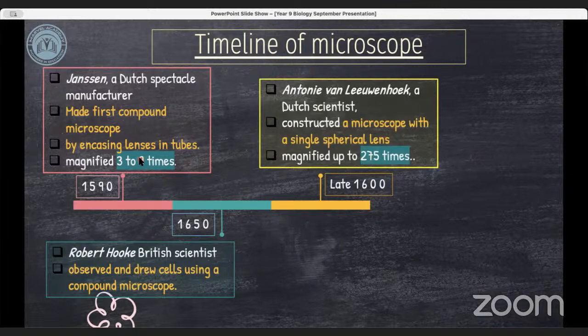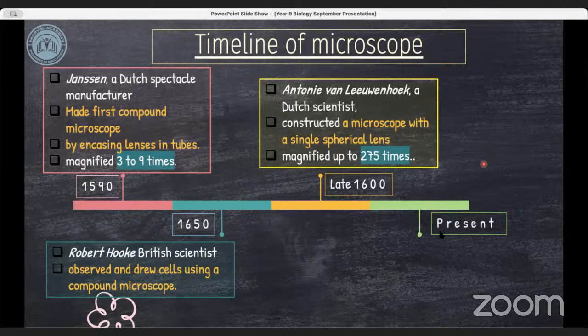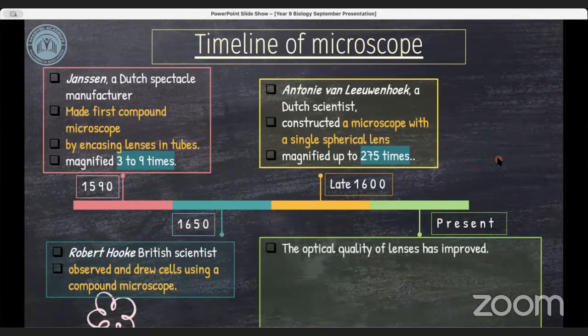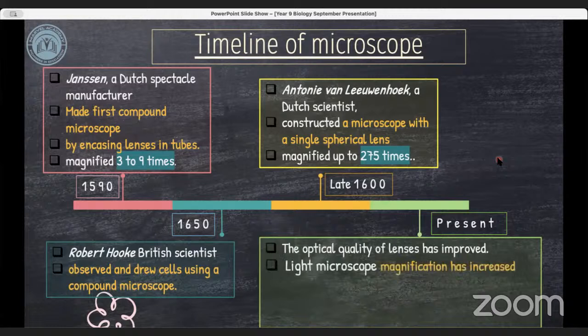Now you can see, children, as time advanced, the technology also advanced. Like this, you can see here 3 to 9 times. Now it has been upgraded to 275. Can you all see, children? Now we can even see further cellular structure. Then later on, we have the optical microscopes that we use. Along with light, now we can supply the light with electricity.